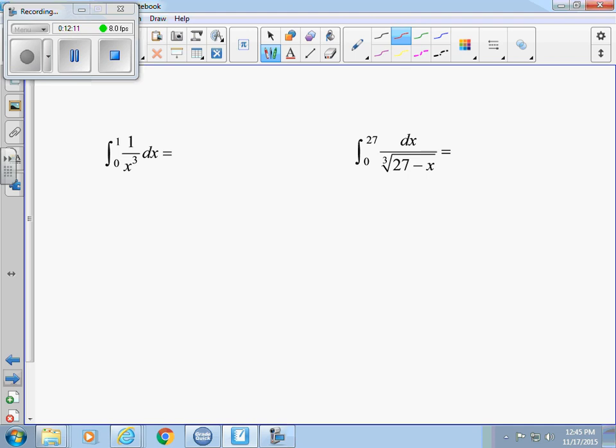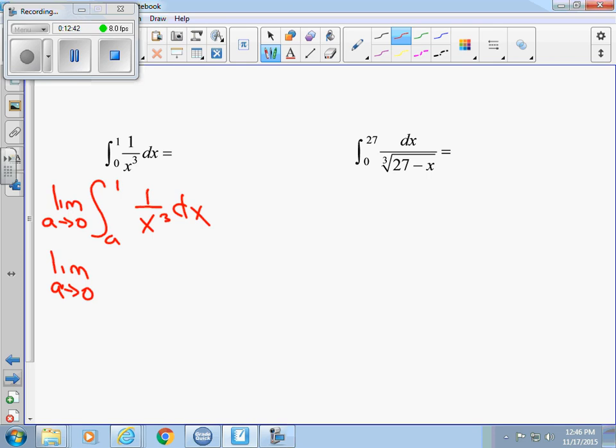Okay. First of all, what's the rewrite? Where do I need a limit at? 0. What is the antiderivative of x to the negative 3rd?